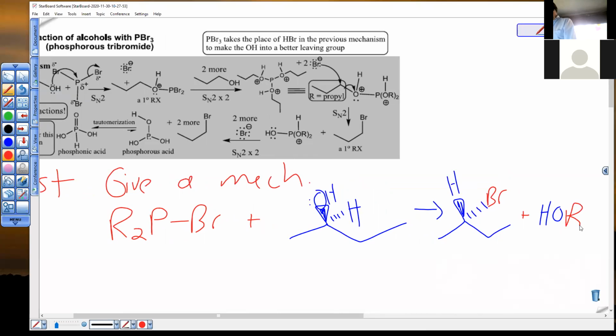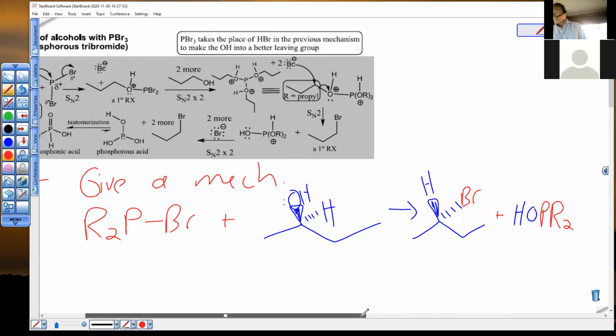And you don't even need to know what R is. P, R, 2. Please don't change capital R to lowercase r. That would be the element praseodymium, and we never use that in organic chemistry.